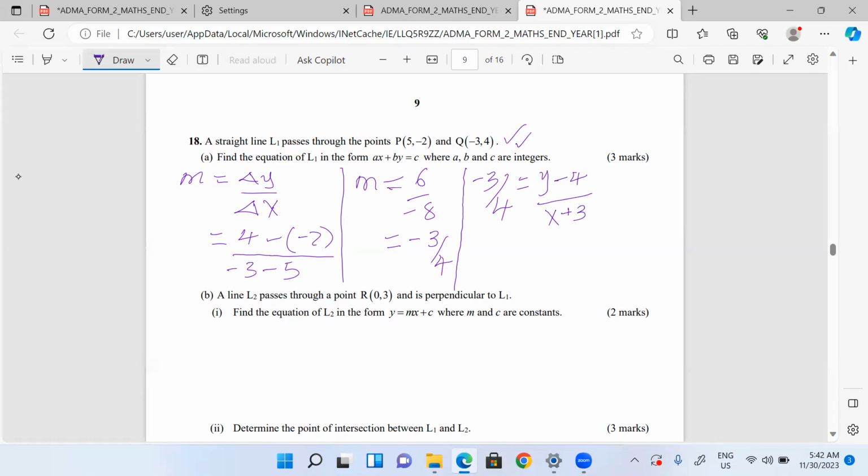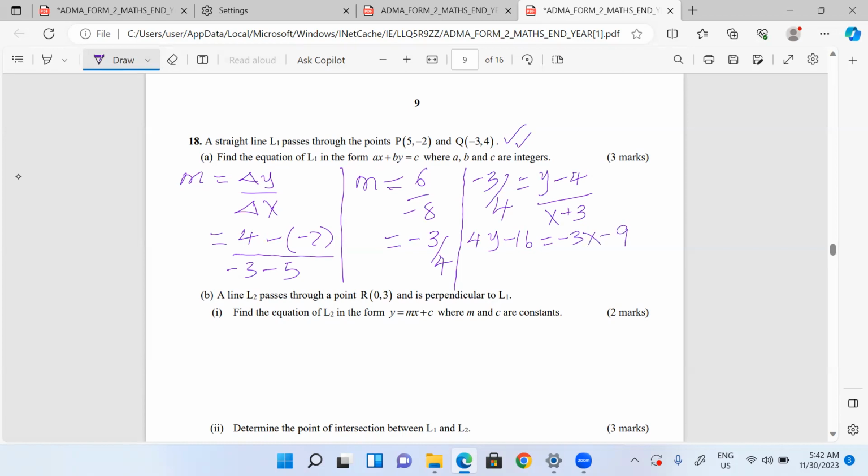At this point, I can cross multiply, and 4 multiplies with y minus 4, making it 4y minus 16, equals -3 multiplies with x plus 3, making it -3x minus 9.